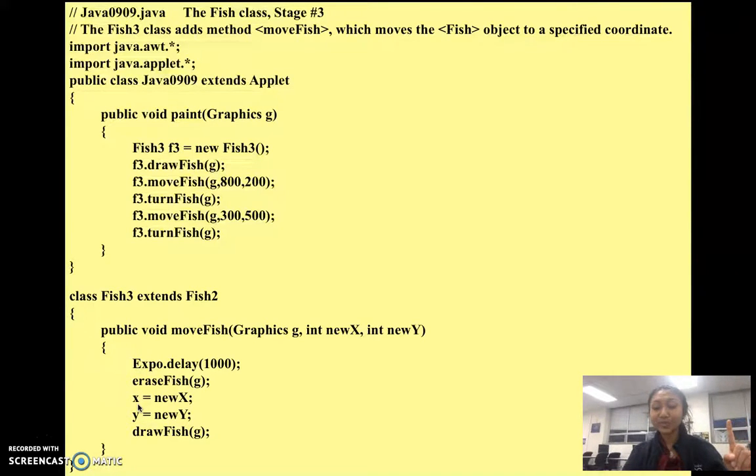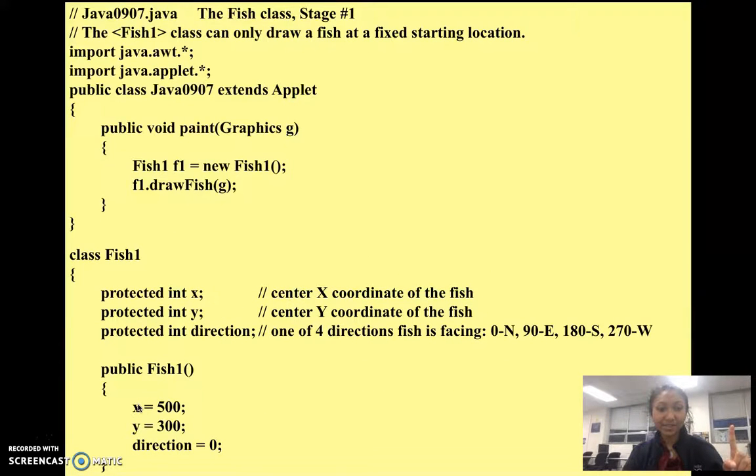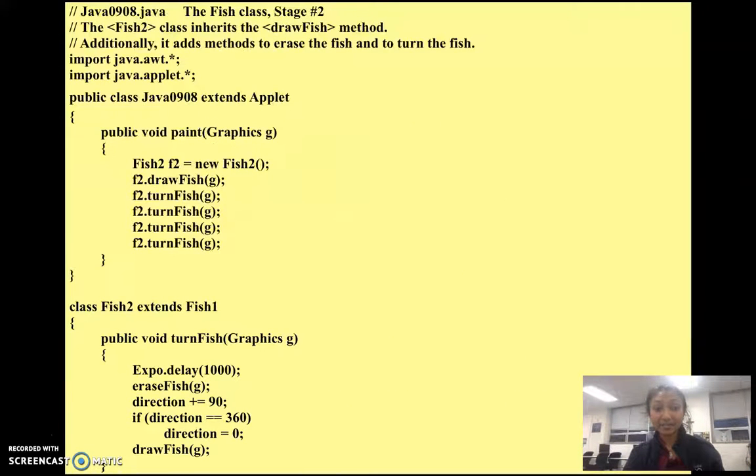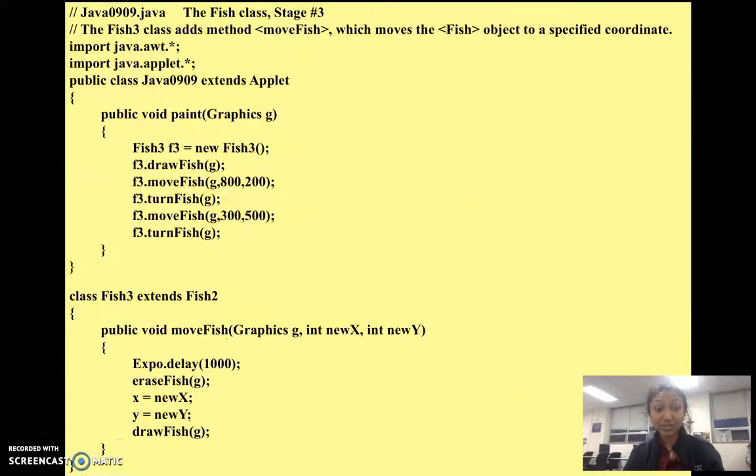Because they were protected, they could be inherited, and easily accessed by fish2, and because fish3 is an extension of fish2, they can be accessed by fish3. So you're modifying that, and then you're doing drawFish, which is again a method from my fish1 class.